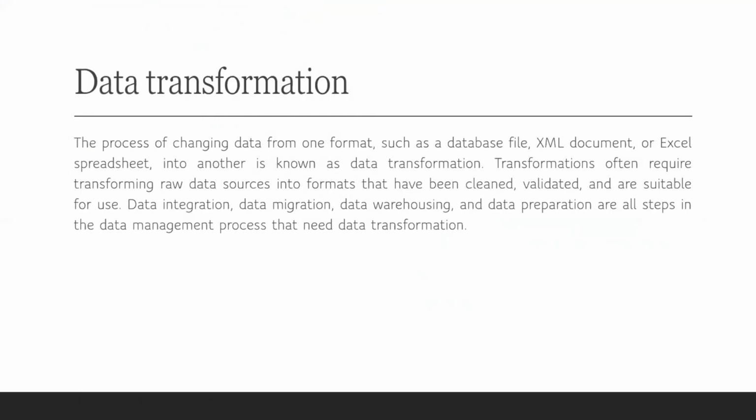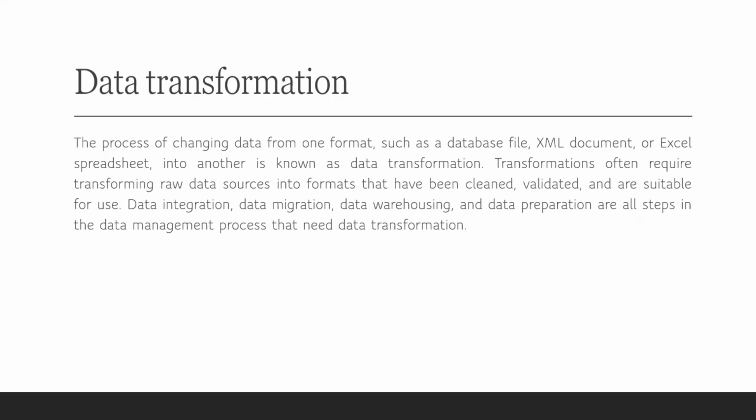So as we know, the process of changing data from one format such as a database file, XML format, or Excel spreadsheet into another is known as data transformation. Transformations often require transforming raw data sources into formats that have been cleaned, validated, and are suitable for use.